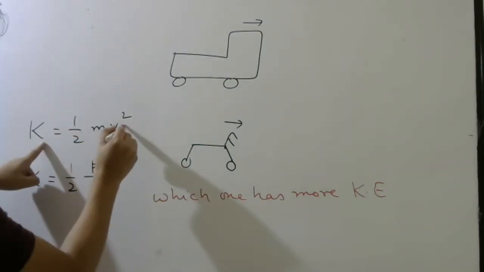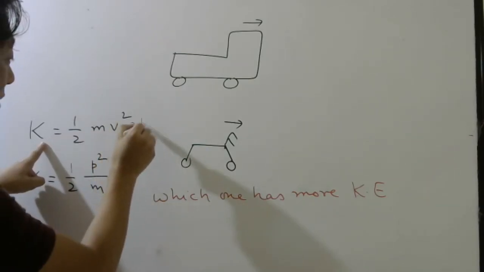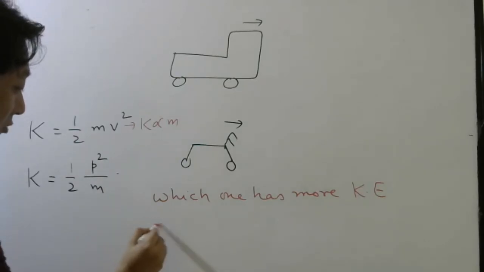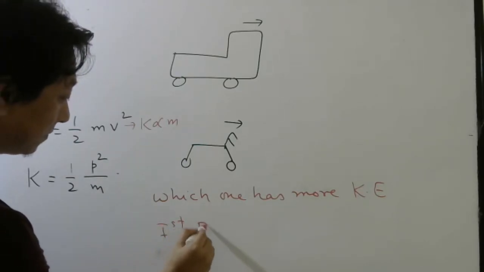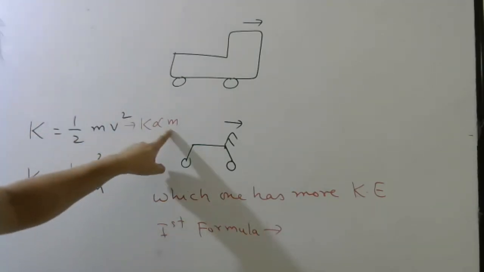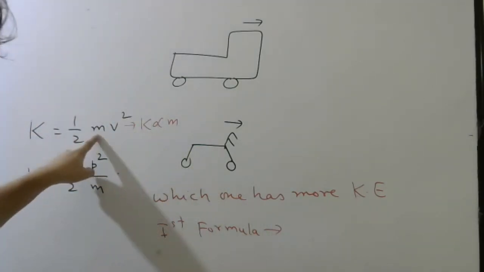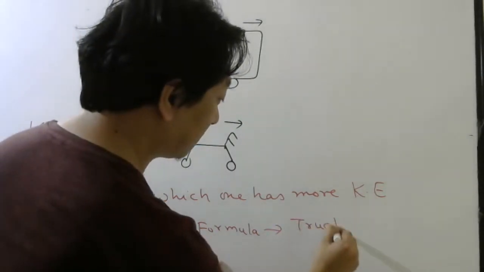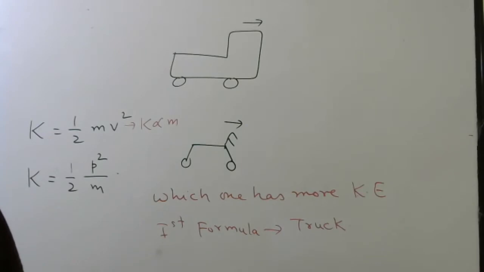What will you say? Looking at this formula, you will say K is proportional to mass. So if you use the first formula, you will say whichever has more mass will have more kinetic energy, proportional, no? So the first formula will say truck will have more kinetic energy.